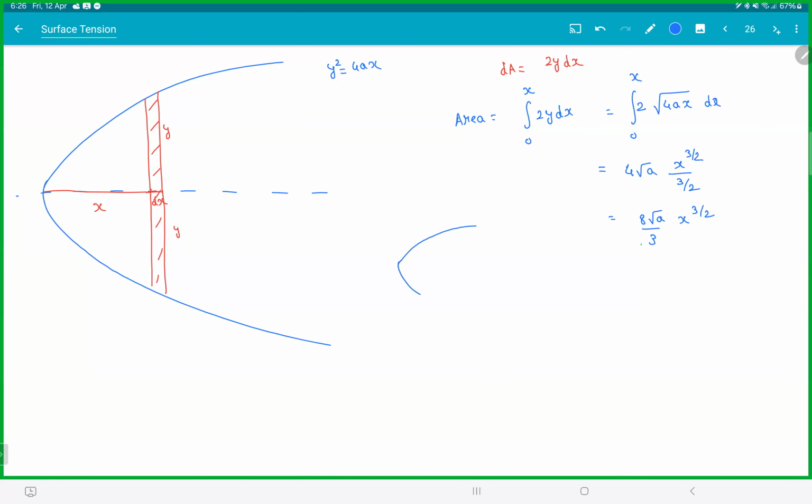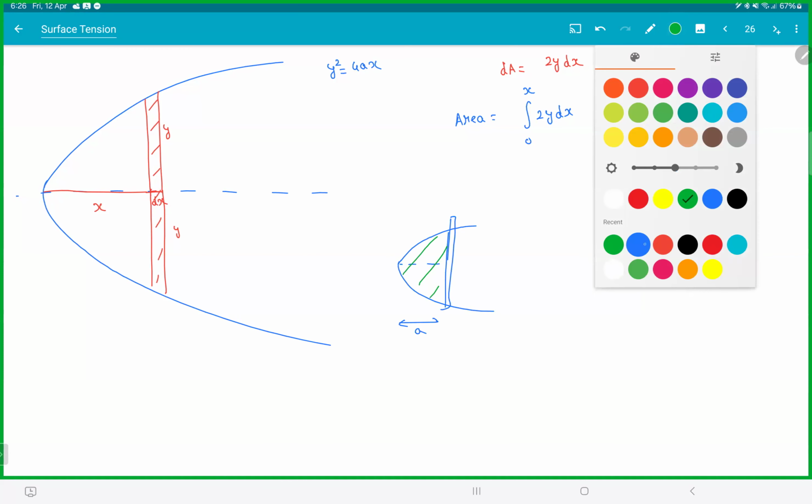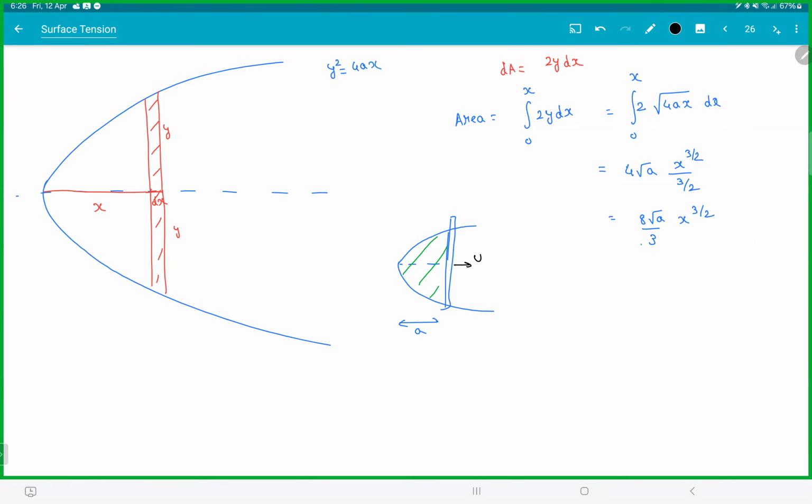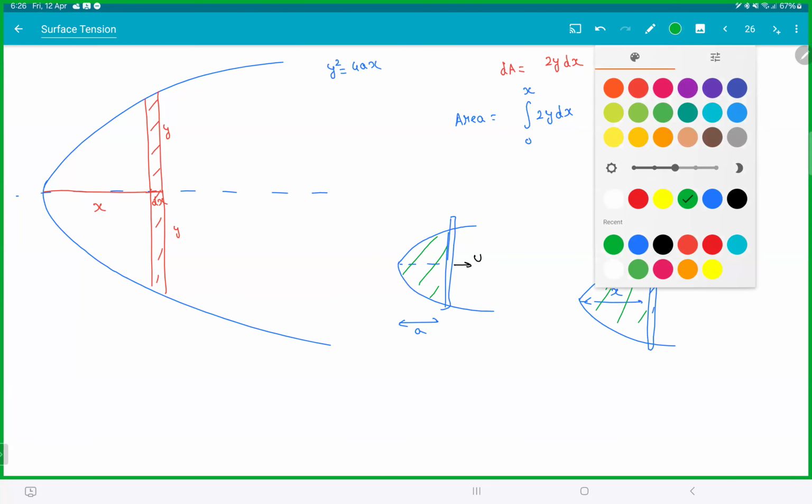So initially, the rod was here, and this distance was a. And your velocity is u. Finally, the rod has come somewhat, I don't know how much it is. Let's say it has traveled x, and the velocity is 0. This has become the area.